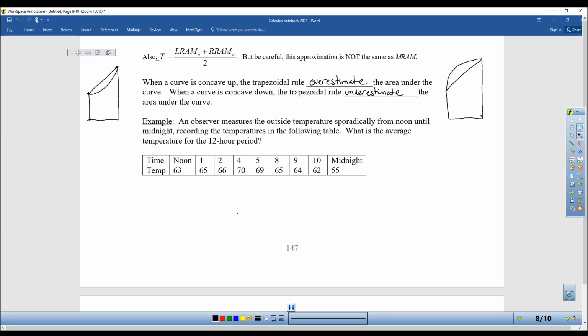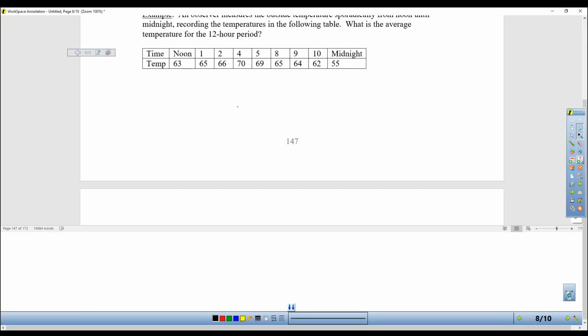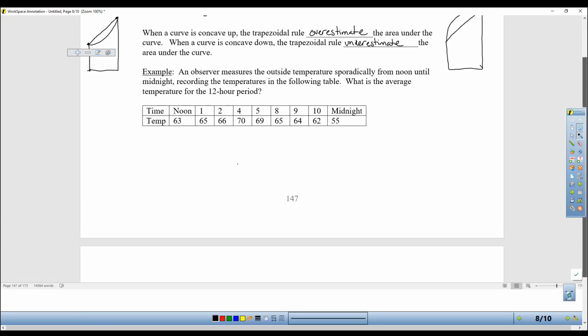Okay, let's try an actual problem. So an observer measures the outside temperature sporadically from noon until midnight, recording the temperatures in the following table. What is the average temperature for the 12-hour period? So normally, if you were going to find the average, you would just add them all up.